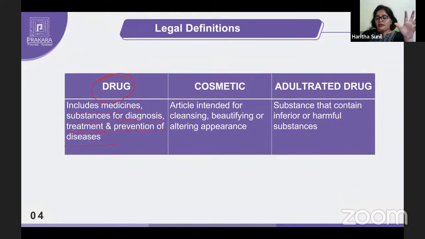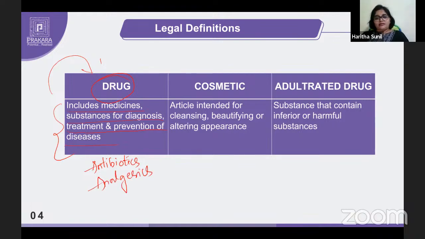So if any material is doing all these activities, then it is called a drug, right? The Drugs and Cosmetics Act provides clear definitions in order to ensure proper interpretation and enforcement of the law. For examples of drugs, we have antibiotics, and also analgesics, which in general we call painkillers, right? And also vaccines, all these come under drugs.